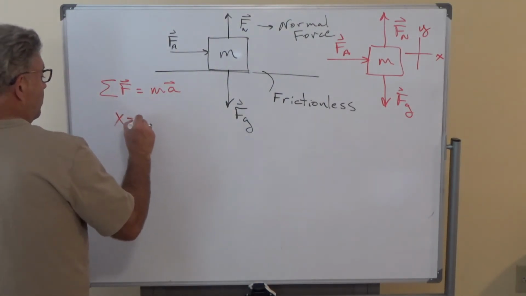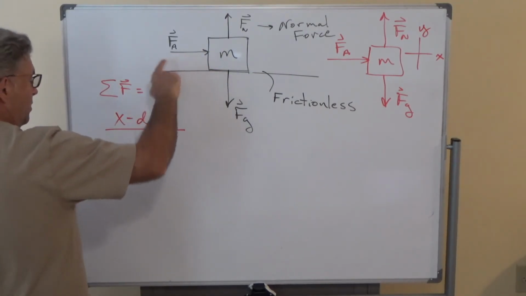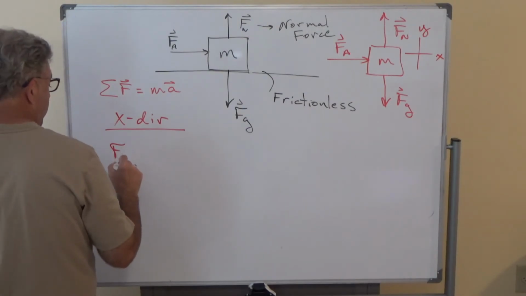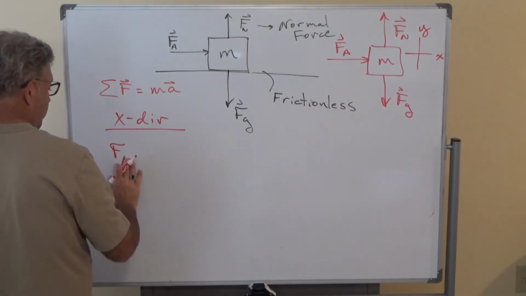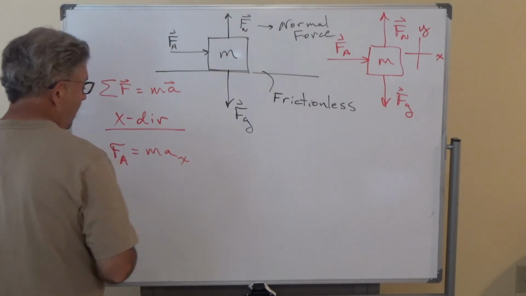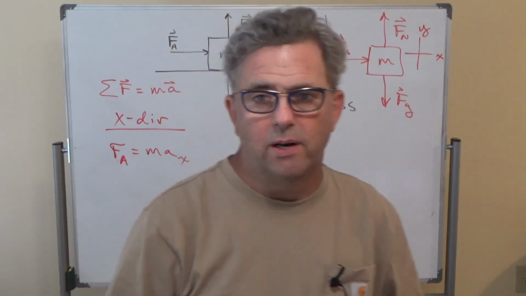So in the x direction, we have just the applied force. I'm going to drop the vector symbol. So F_A is equal to m times a_x. That's the acceleration in the x direction.